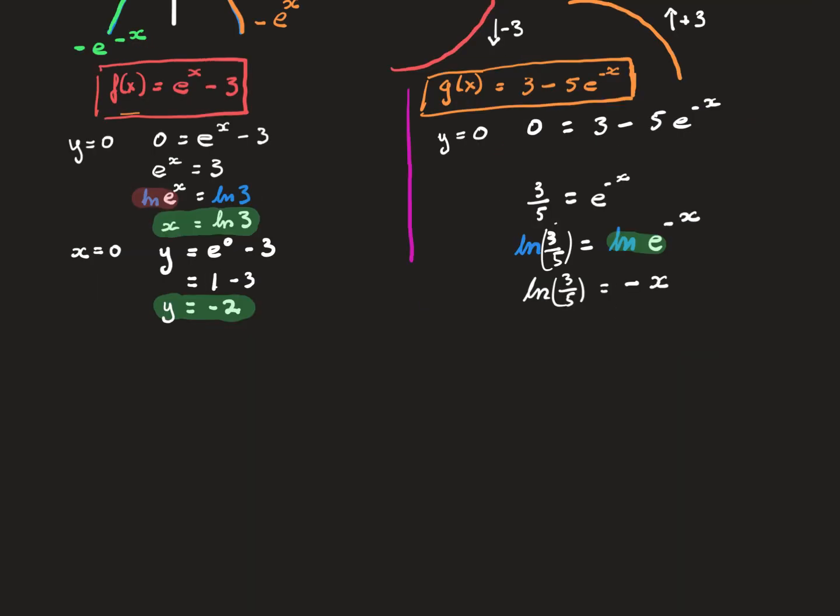Pay close attention here, because I want to move the minus to the other side so that I can have just plain x. That negative sign now that I have over here, I'm going to use one of the laws of logarithms and move it up to the power, which means that I will have ln of (3 over 5) to the negative 1, which is x.